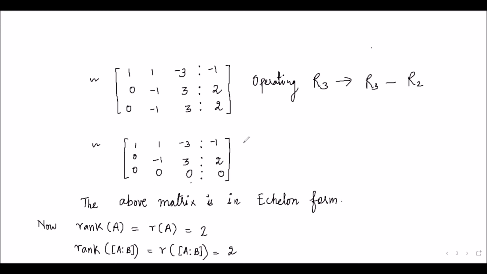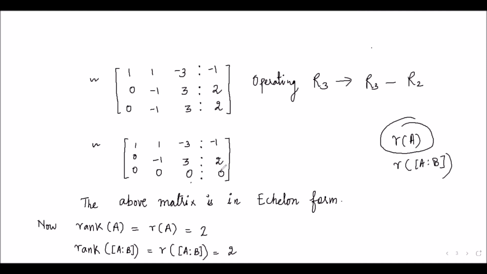After reducing the matrix to echelon form, what we have to do is read the rank of the coefficient matrix, and read the rank of the augmented matrix. How will we read the rank of the coefficient matrix?